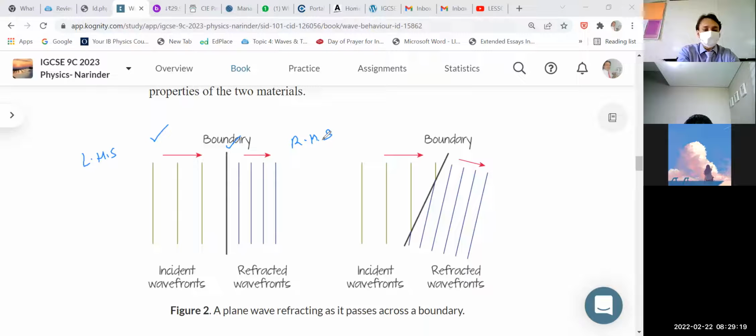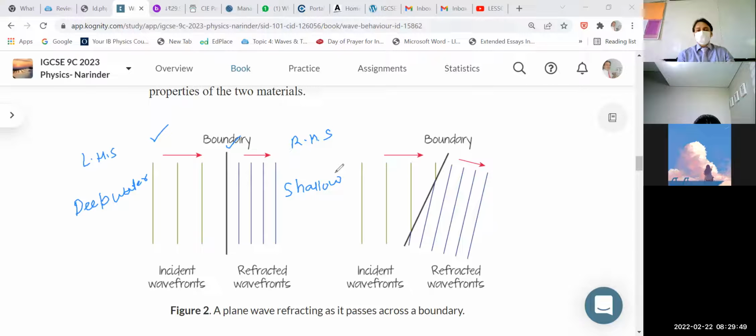On the left hand side, I will assume that we have deep water, and the water waves are coming from the deep water. At the boundary, on the right side, we have shallow water. Shallow water means less deep water as compared to the left hand side.